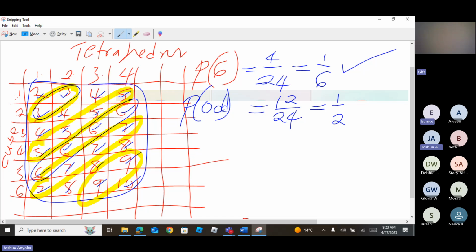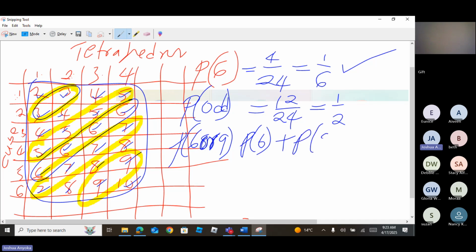The sum is 6 or 9. Probability of getting 6 or 9. Mutually exclusive events. So it is the probability of getting a 6 plus probability of getting a 9. Probability of getting a 6 is this one, the 1 over 6.